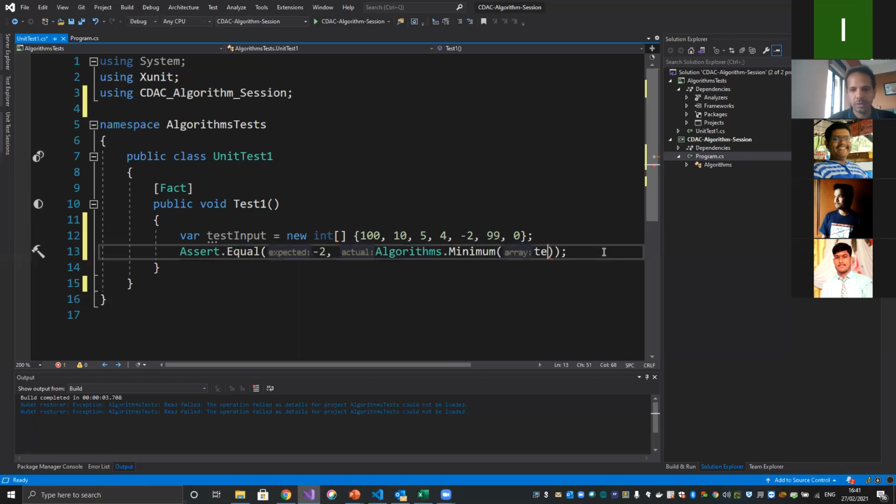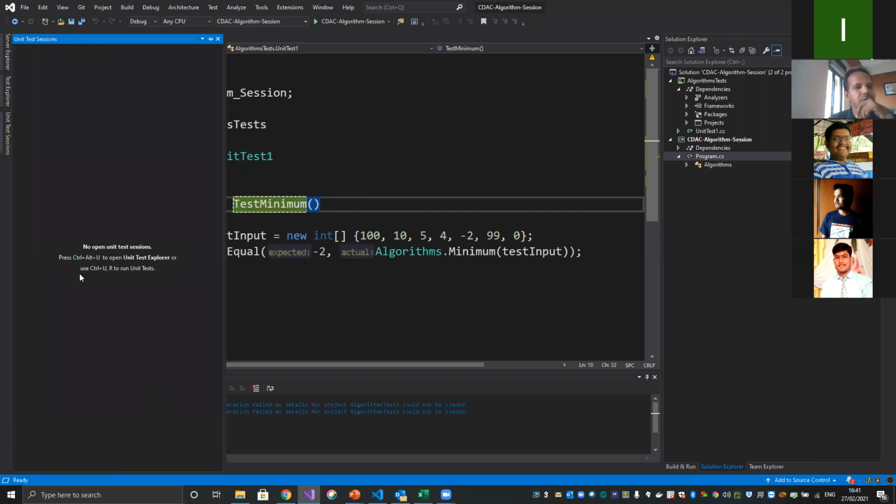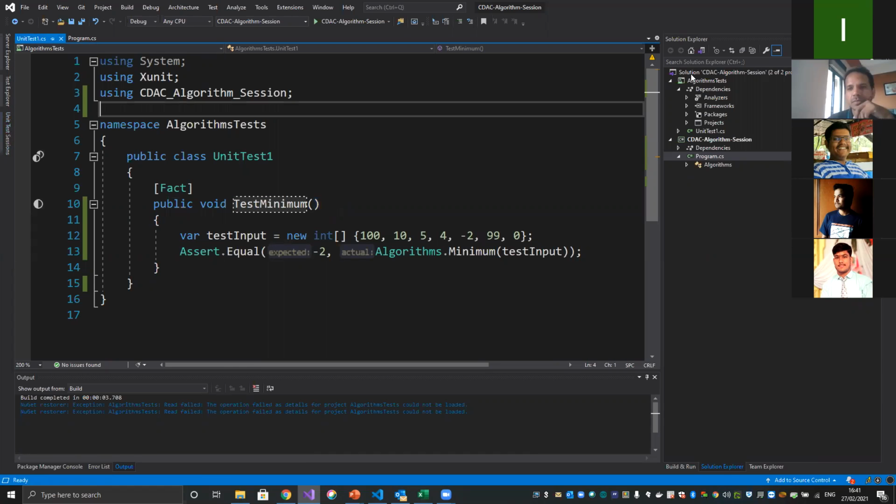We call test input. Okay, so our test is now ready. We give it an appropriate name, test minimum. And let's say we go and run this. We need to build this first.